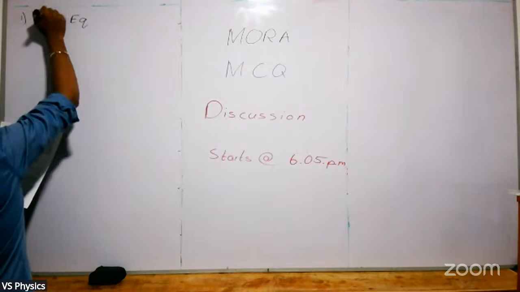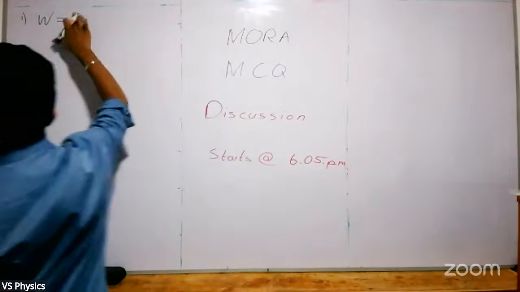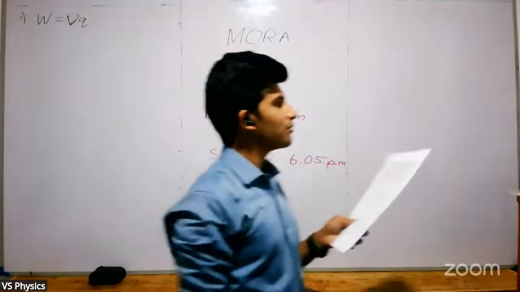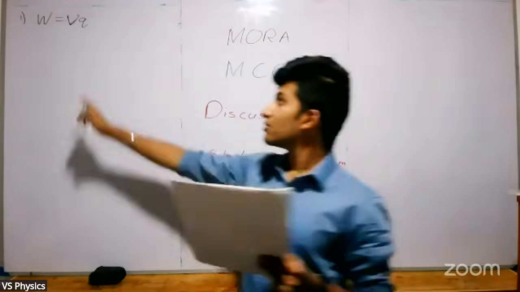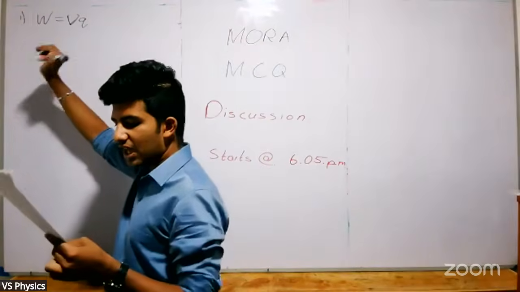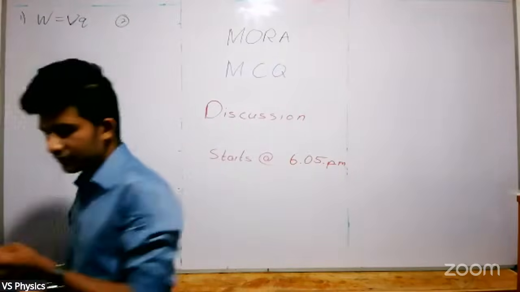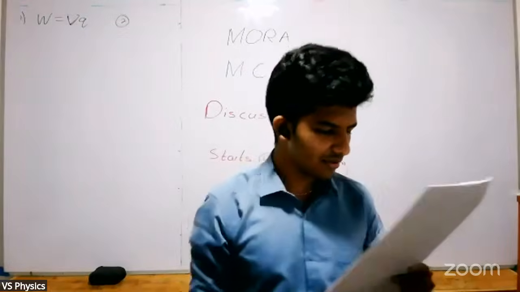We write work. E V Q, because in electrostatics V means potential difference. So you can say work is equal to VQ. Therefore, for the first question, the second answer is correct.